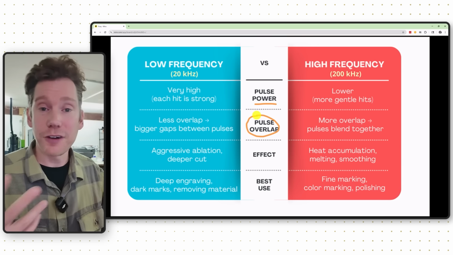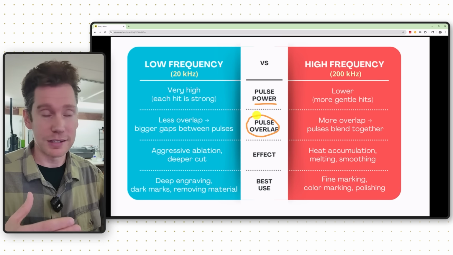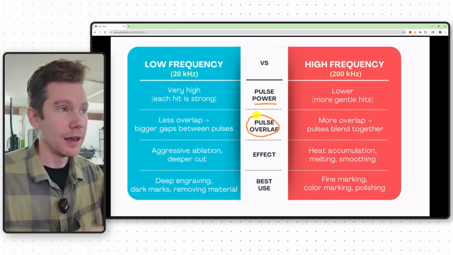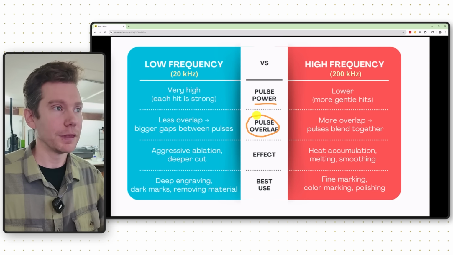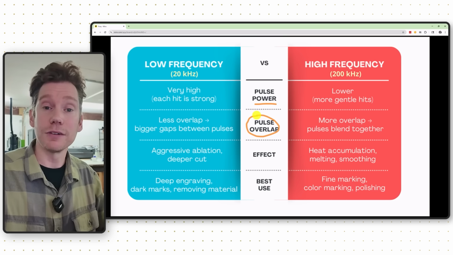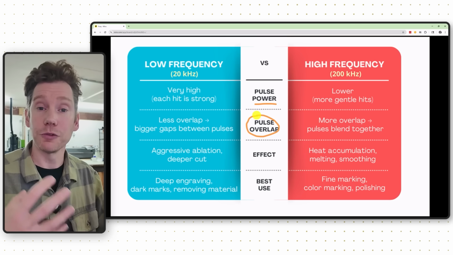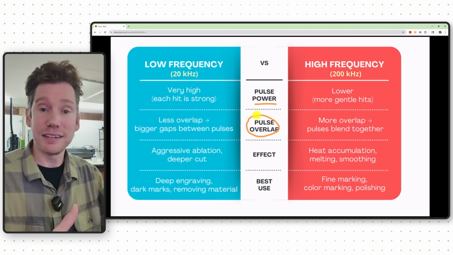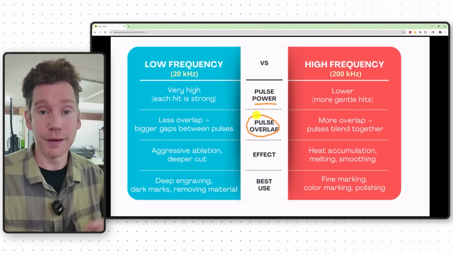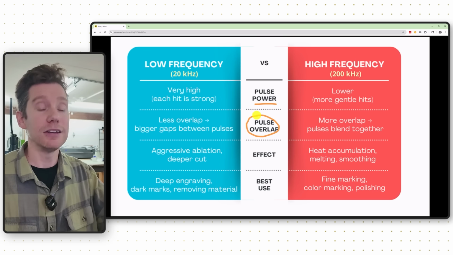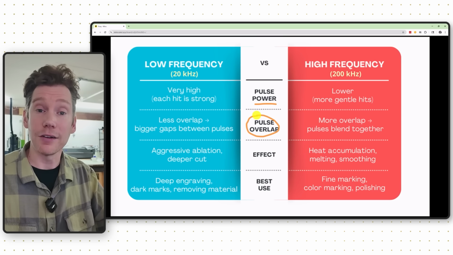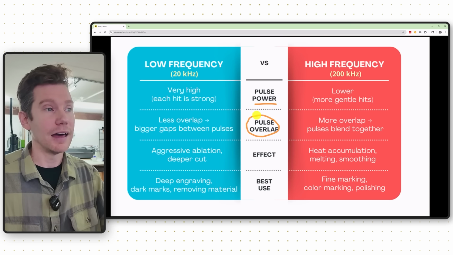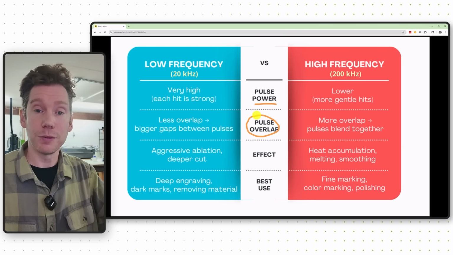Now, what are the effects of these two characteristics? Well, at the low frequency, you're going to get an aggressive ablation, which means an aggressive removal of material and deeper cuts into your material. And that's because, number one, each individual pulse is going to carry a lot of energy, and there's going to be less overlap between those pulses.